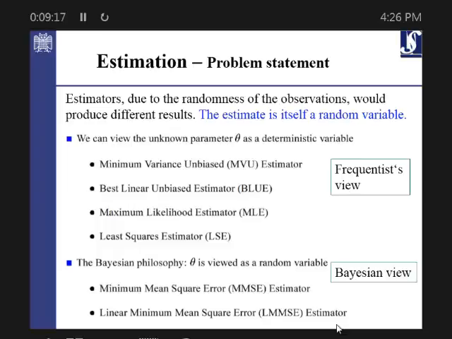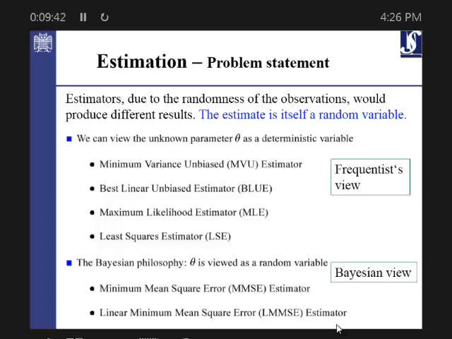There are several techniques, and what I have written here is just a piece of those techniques, the most prevalent methods that are used. Starting from the minimum variance unbiased estimator, I'll explain just the intuition behind what MVUE is looking for.